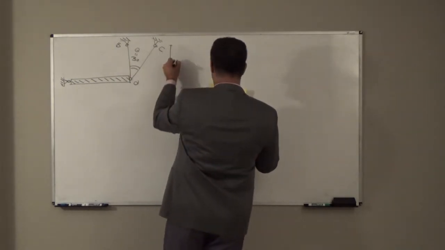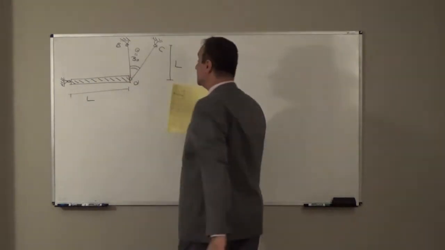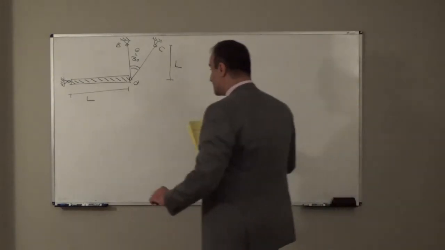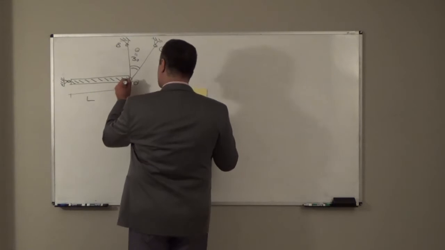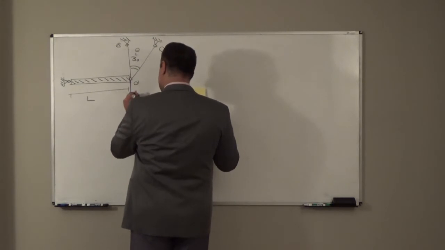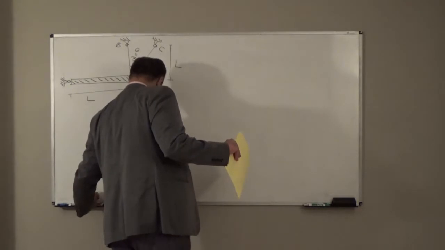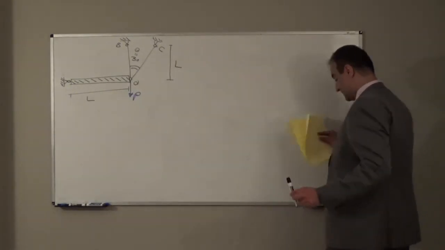From here to here it is L, and this is L2, and this is a rigid beam. If we apply an external load at point O in the vertical direction, the magnitude of the external load is P.